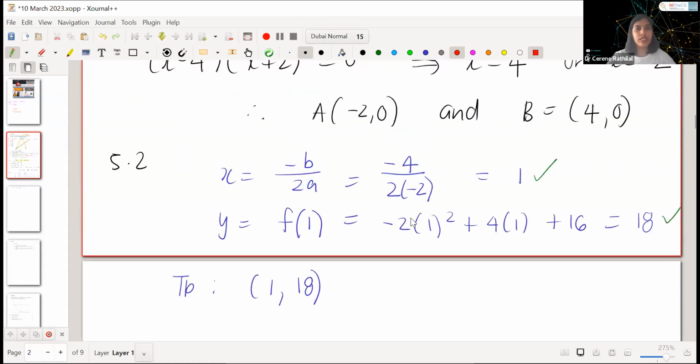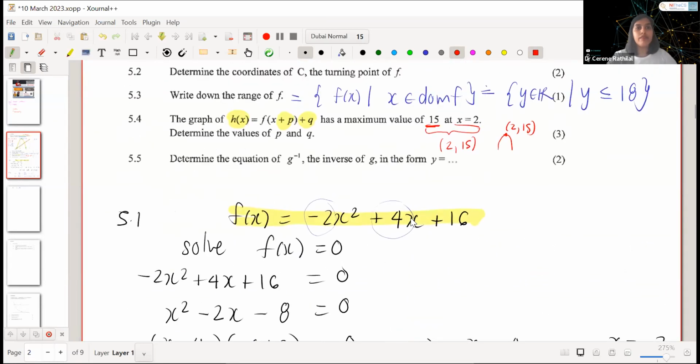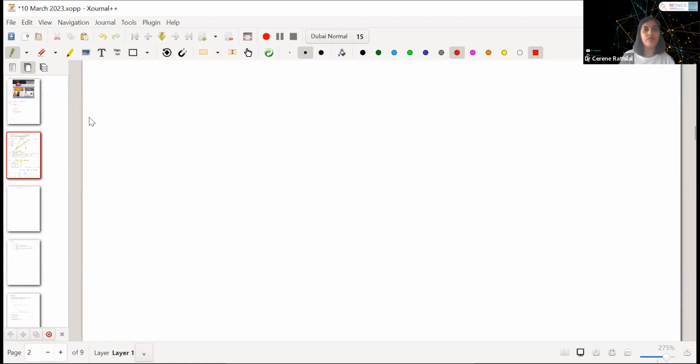So what we have to do is be mindful of this, right? This is question number, let me just remind us, 5.4. The maximum of f, the turning point, was given by (1, 18). That's the max coordinate, right?